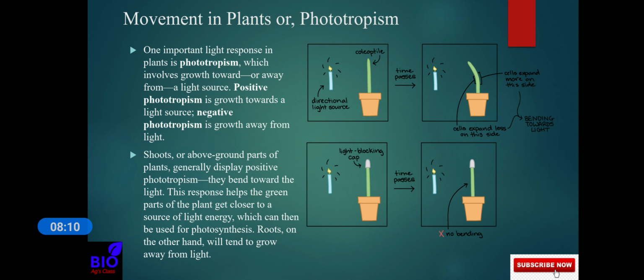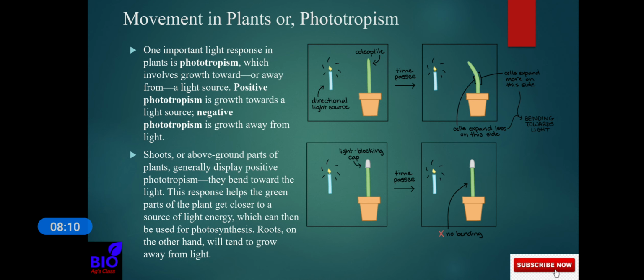Shoots, or above ground parts of the plant, generally display positive phototropism. They bend toward the light. This response helps the green parts of the plant get closer to a source of light energy, which can be used for photosynthesis.